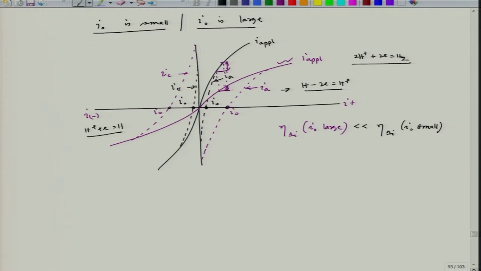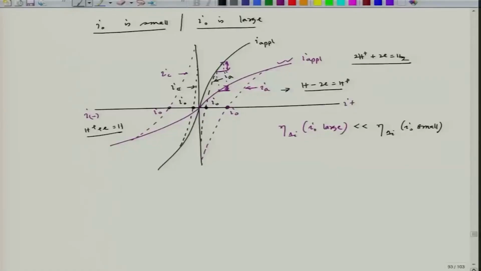Now, it means that if we try to design a hydrogen standard potential cell or a reference cell with a metal having very large I0, even if there is a small amount of current perturbation because of the process that is going on.